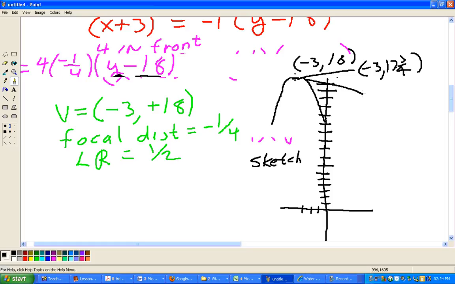At this point was -2 1/2, 17 and 3/4. That point is -3 1/2, 17 and 3/4.